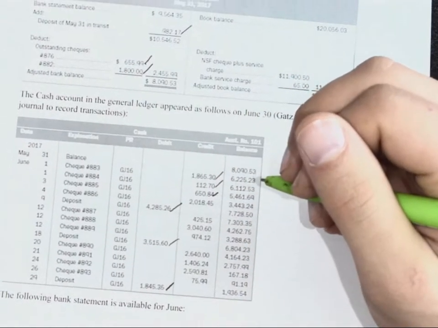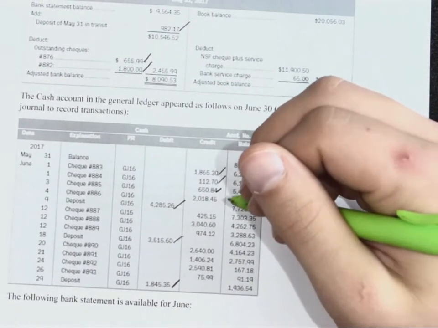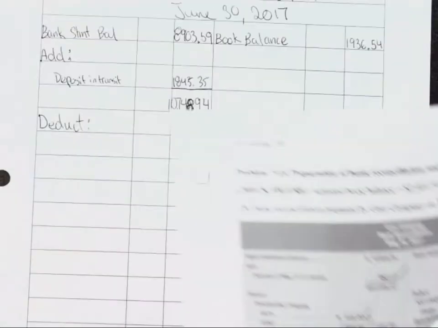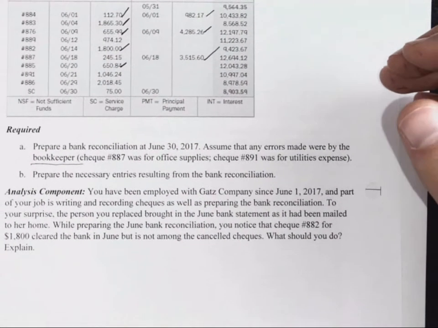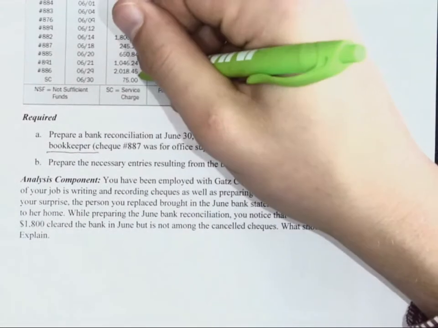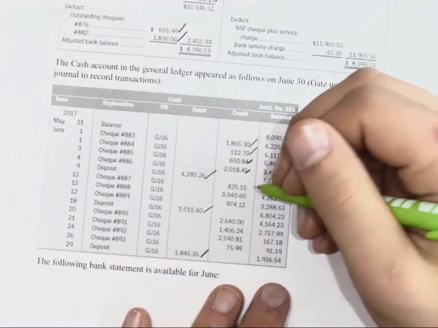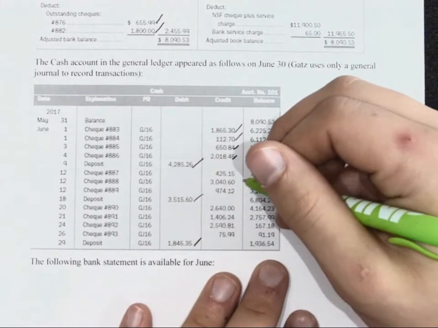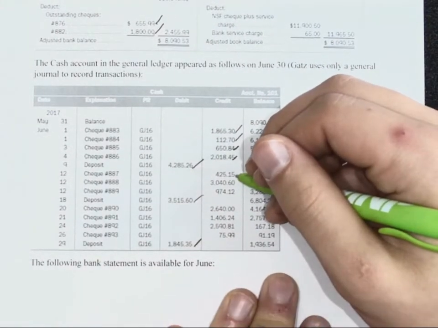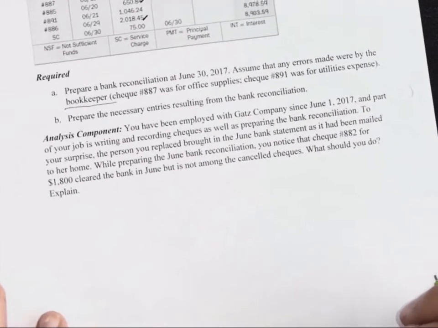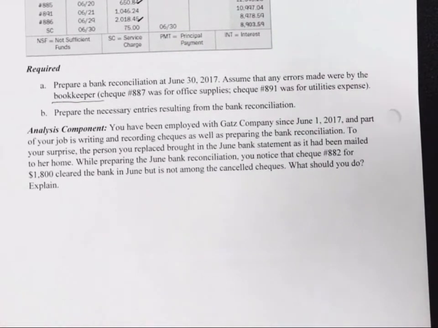Check 886 for 2018.45. Has cleared. Check 887 for 425.15. All right, so we have an error.